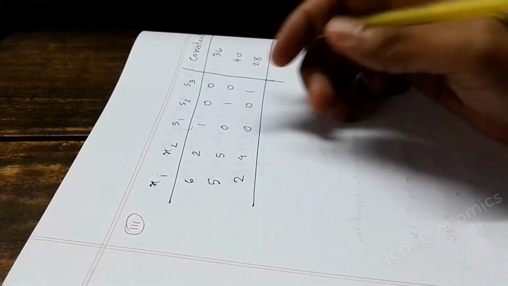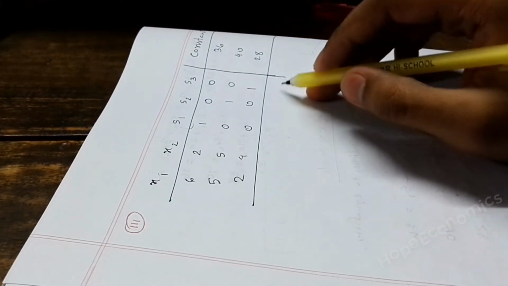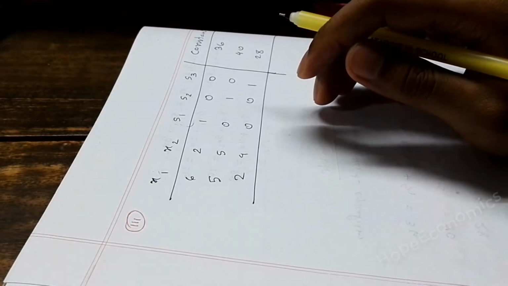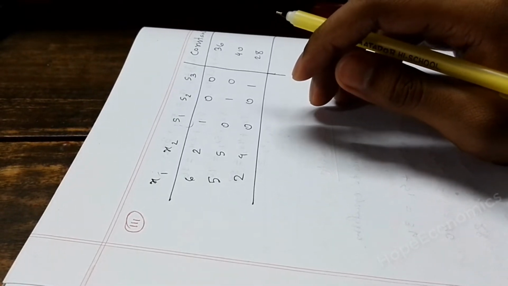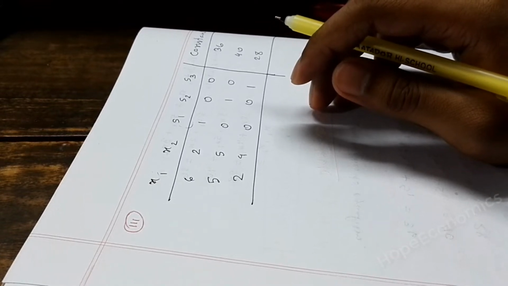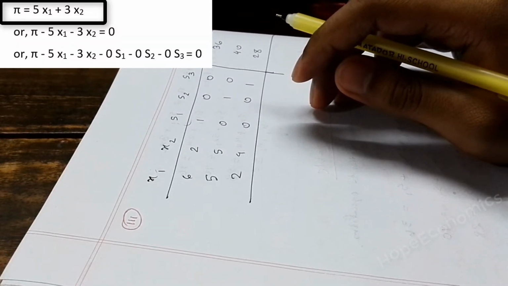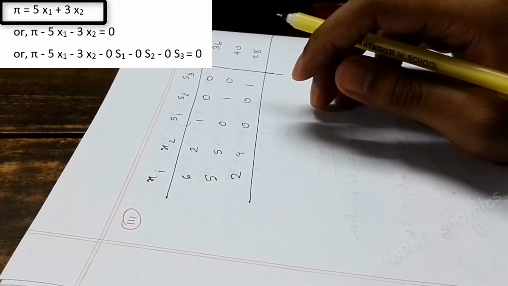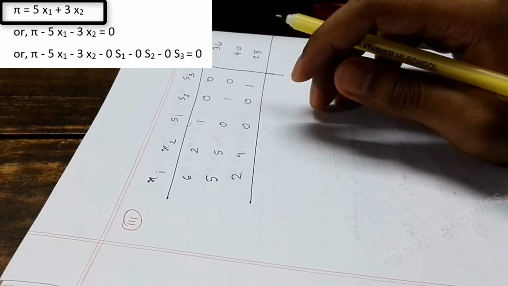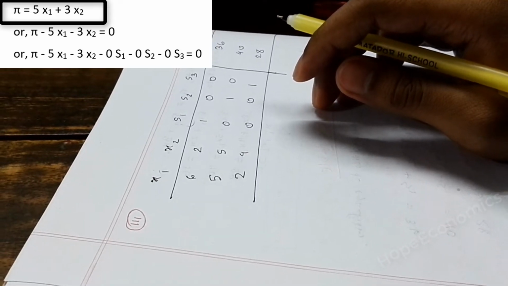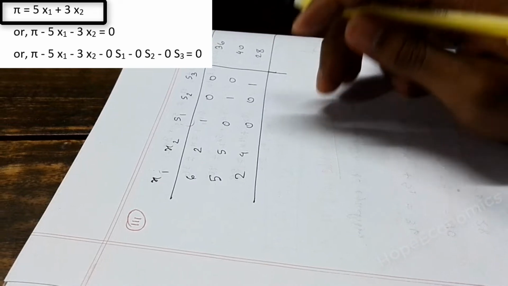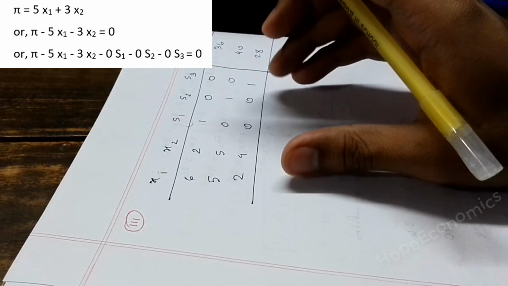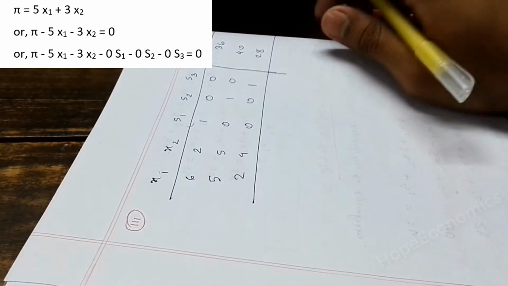And how are we going to add this last line? Previously, we saw that we have a maximization problem, which was pi equal to 5x1 plus 3x2. In this case there is only x1 and x2. There is no s1, no s2, no s3. So that is what we have to add here. We have to take the coefficients of that equation.